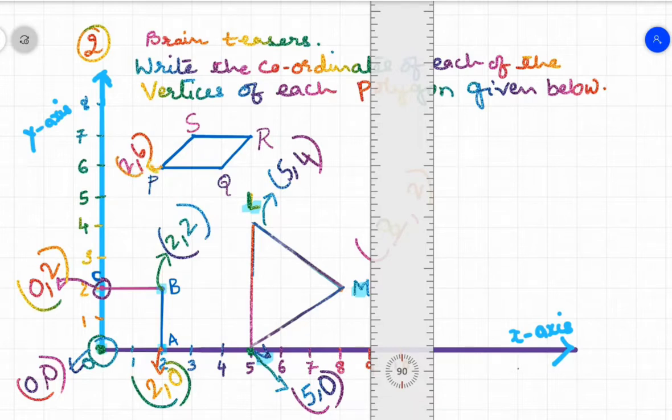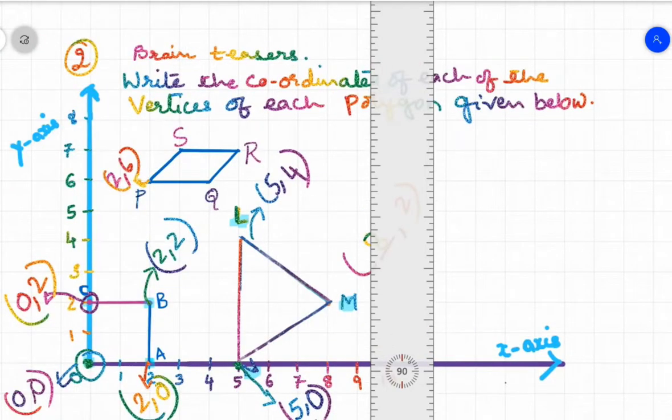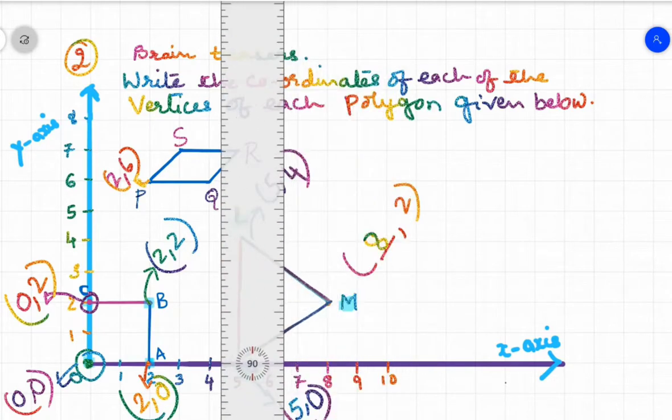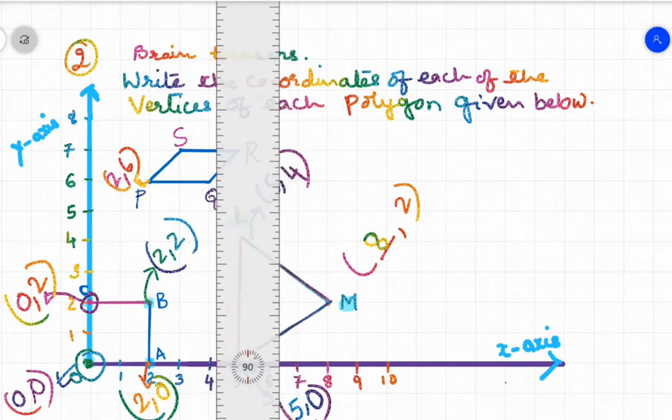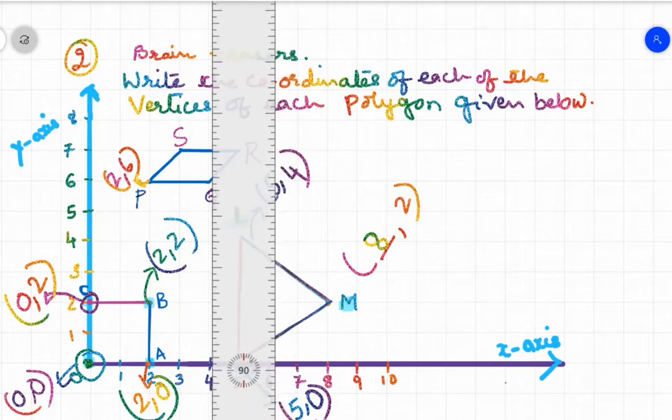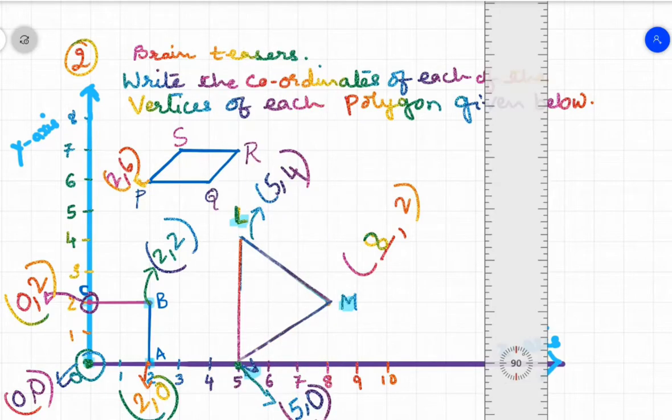Now let us see Q. How much is Q? See, when I take the scale, for the x point it is 4. So x for Q is equal to 4.